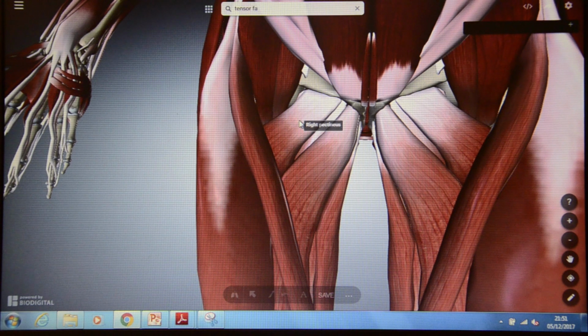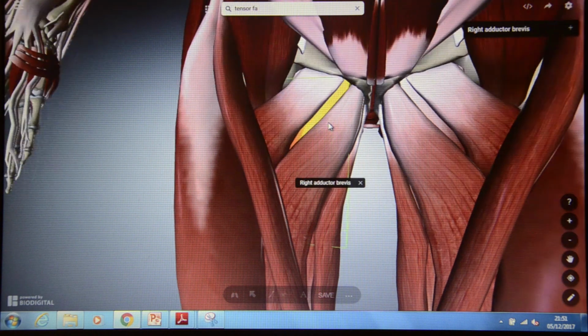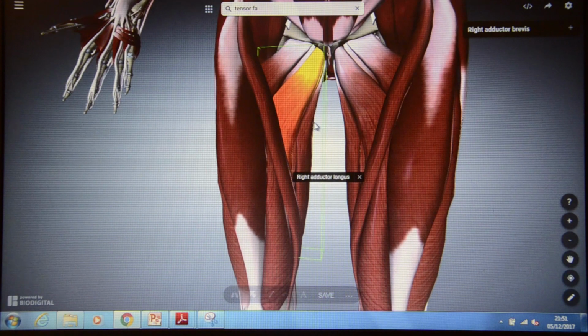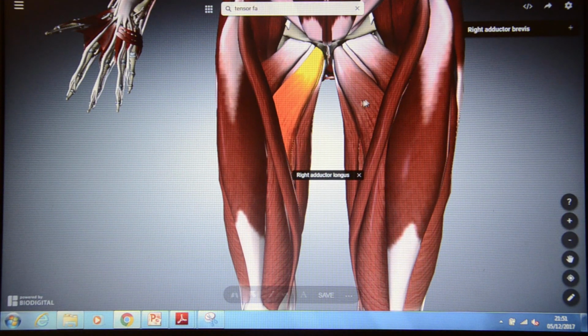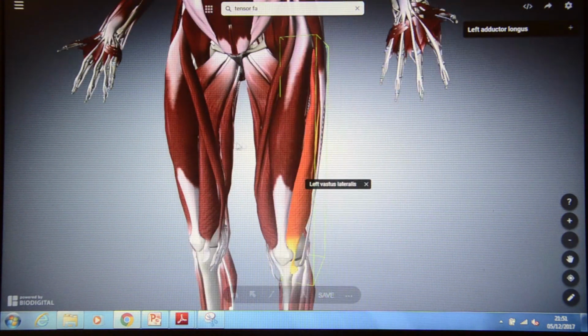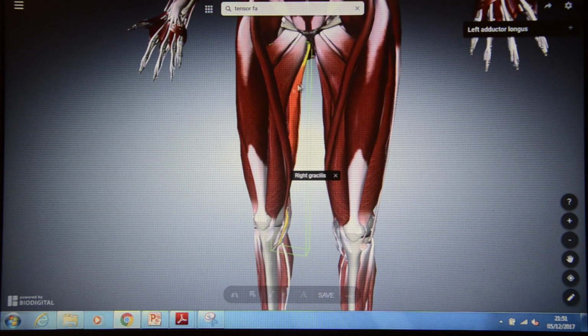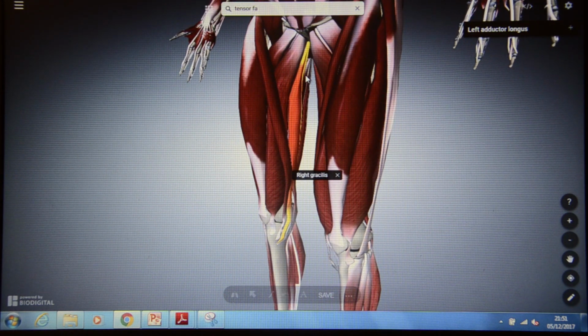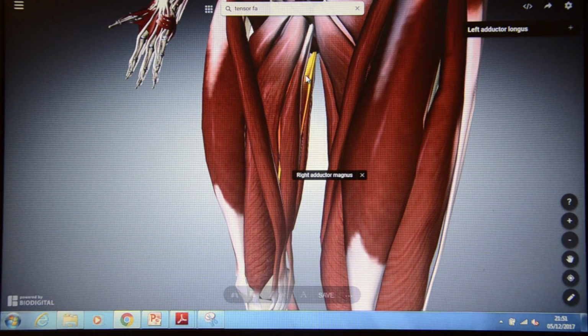Adductor complex muscles, and the first one is pectineus, adductor brevis, adductor longus, gracilis, and adductor magnus.